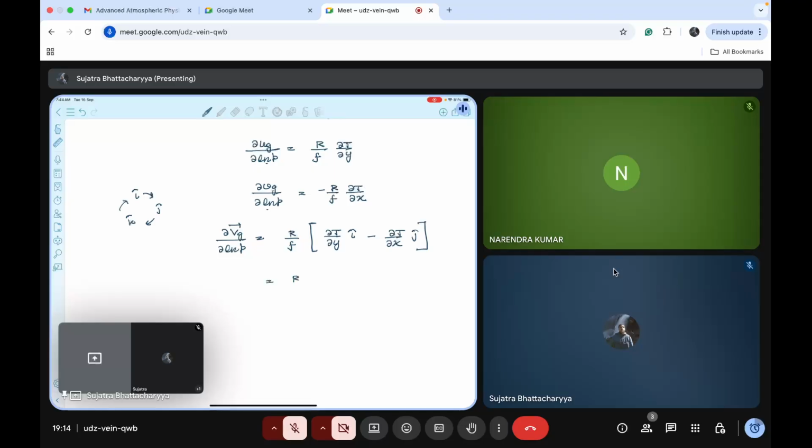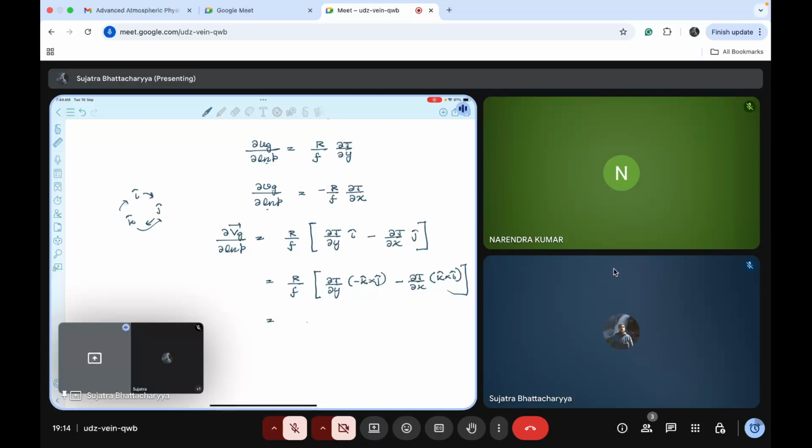So R by f, delta T by delta y, i hat, can it be written as minus k cross j? Yes, because k cross j is minus i. So minus k cross j will be i. Minus delta T by delta x, can this be written as k cross i? Yes, k cross i will be j.